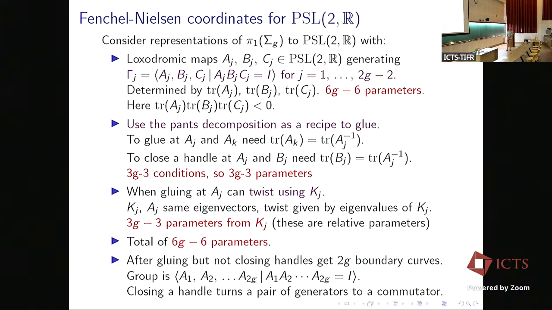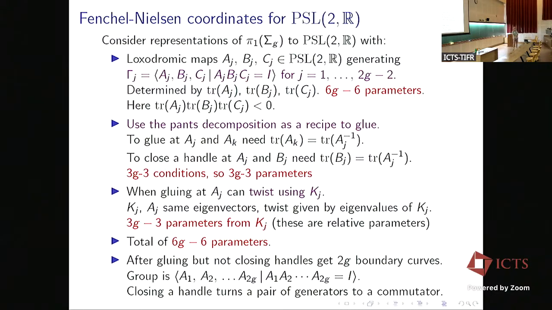And I have one of those for each J between 1 and 2G minus 2. And the group is completely determined by the three traces. I'm assuming that my maps are loxodromic, and I'm also assuming that the product of the traces is negative.